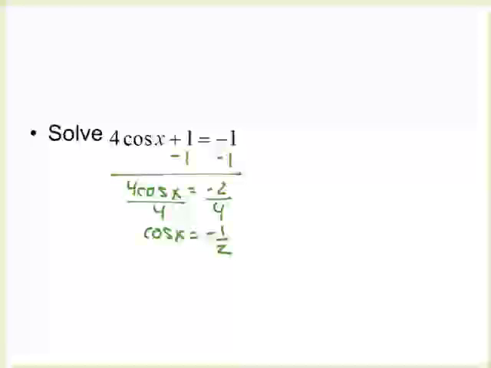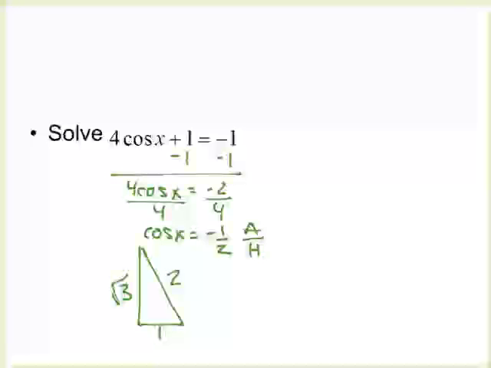Second step, think about SOHCAHTOA. What is SOHCAHTOA for cosine? Adjacent over hypotenuse. So which triangle has a hypotenuse of 2 and a 1 in it? 30, 60, 90. And in that 30, 60, 90, which angle would I find adjacent to the 1?